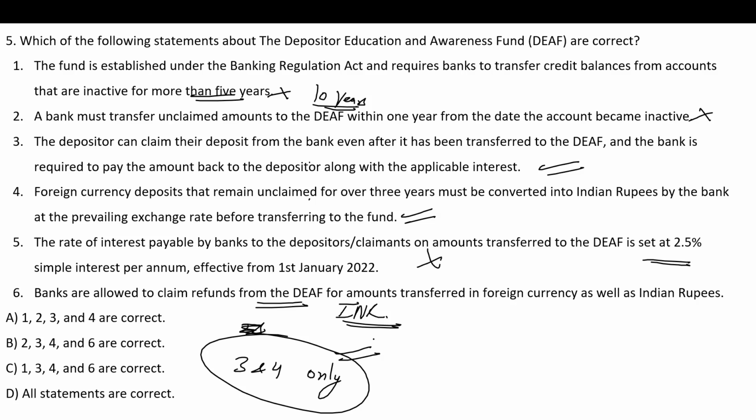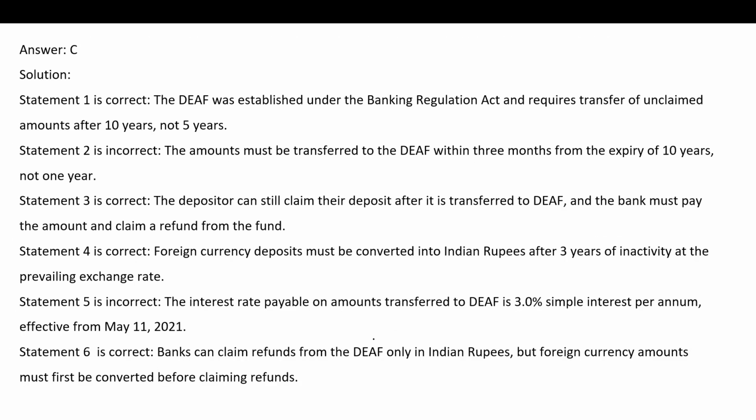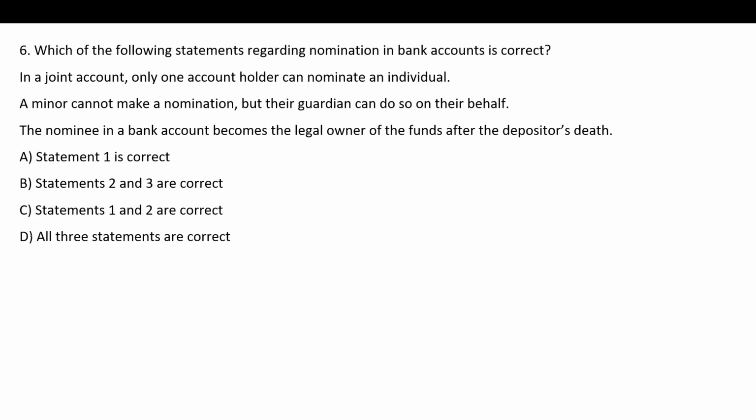Because the banks cannot claim the deposits in foreign currency, so there must be an error. Here it is written correctly, here not correctly. This is incorrect. Banks can claim refund from DEF only in INR. So it is mentioned in the solution that it is given in INR. So this is also incorrect. So only 3 and 4 are correct.